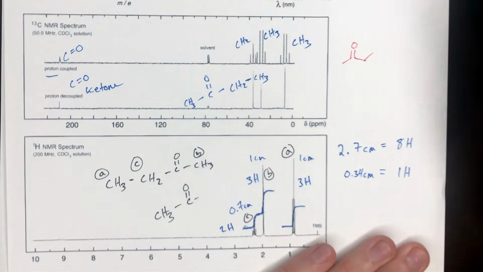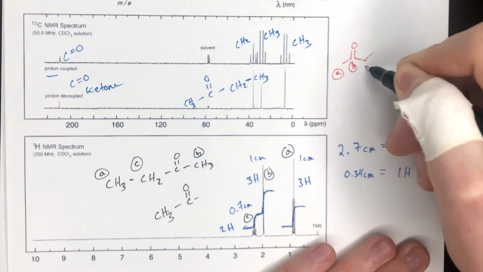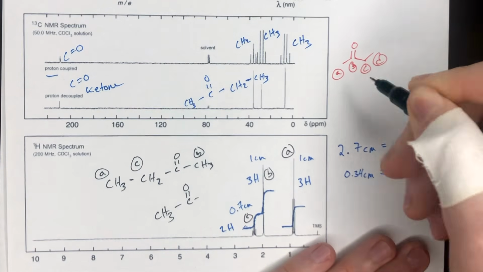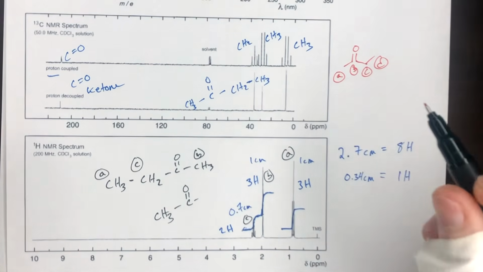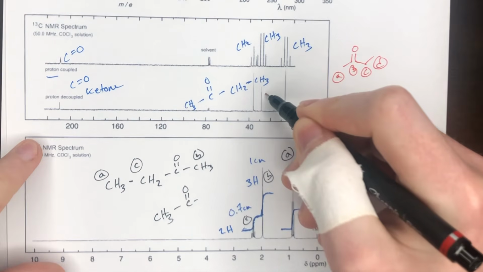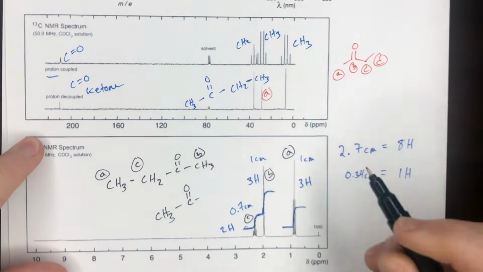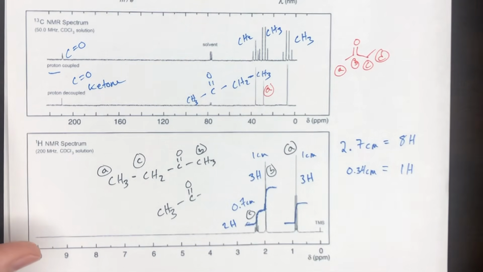So for C-13 NMR, you should label these somehow. I say A to D. So A is the CH3 group that's bound to the carbonyl. So that is here, because we see it shifted to around 35, close-ish to 40.